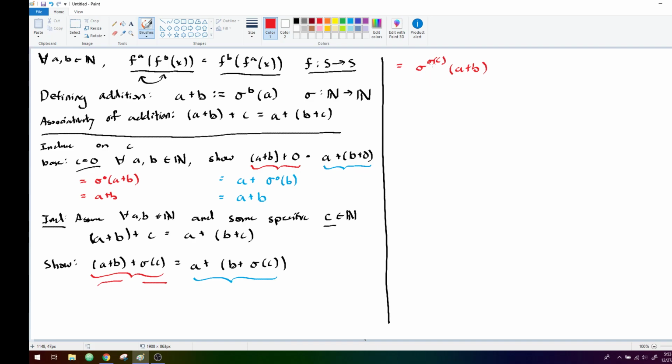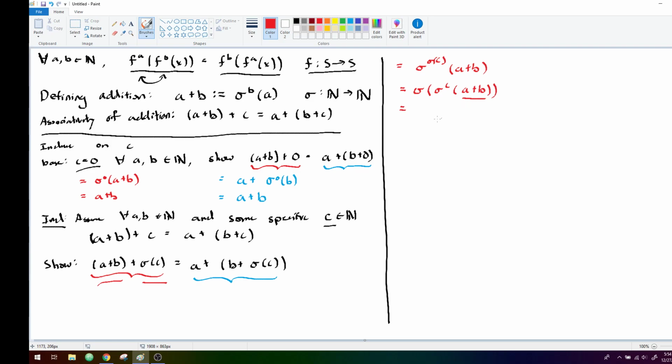Okay, well, once again, using our definition of self-composition of a function some number of times, applying it sigma of C times is the same as applying sigma once to the result of applying sigma C times to the result of A plus B. Now we're going to regroup this with our definition of addition.